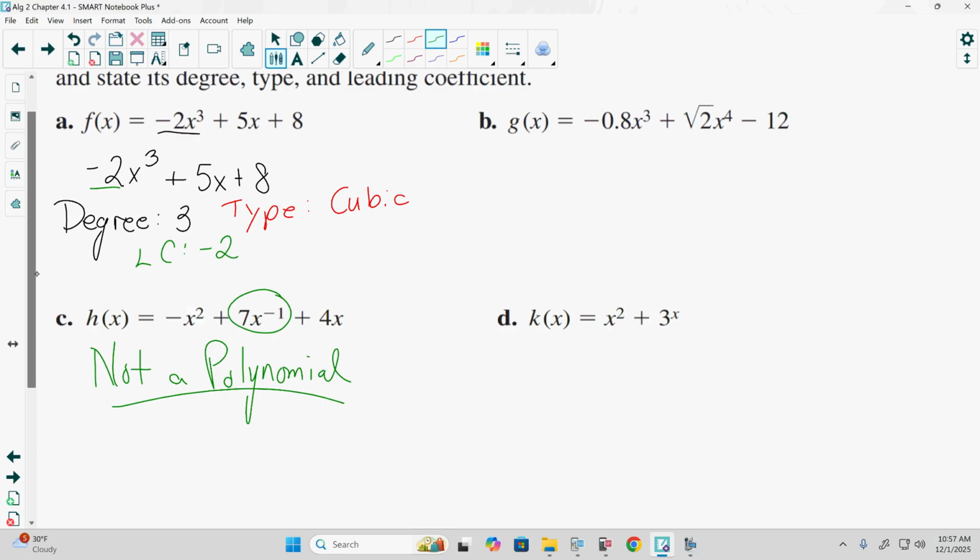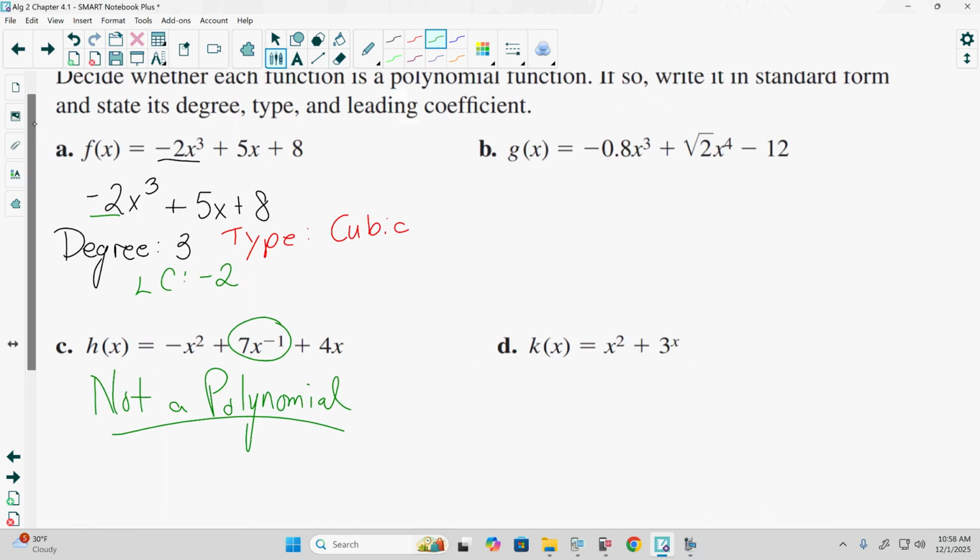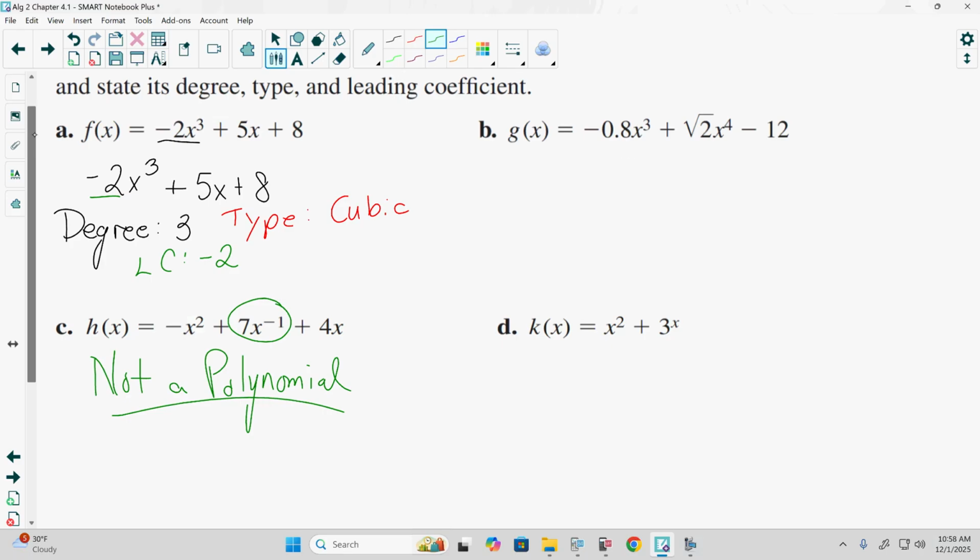-0.8x to the third plus the square root of 2 times x to the fourth minus 12. Can we say that this is a polynomial function? Let's look through. So the first one, exponents aren't negative, especially exponents attached to a variable.